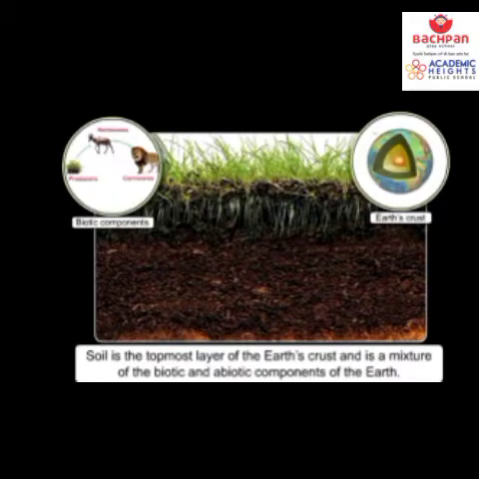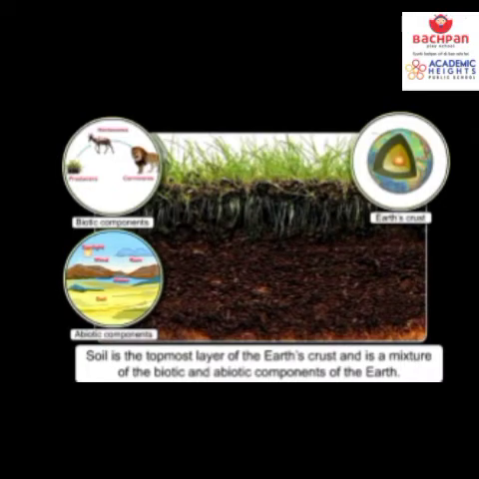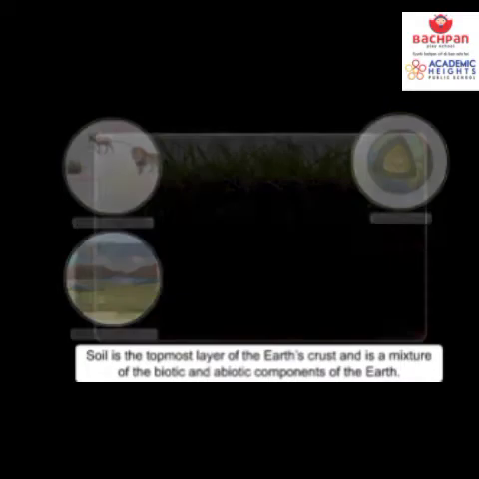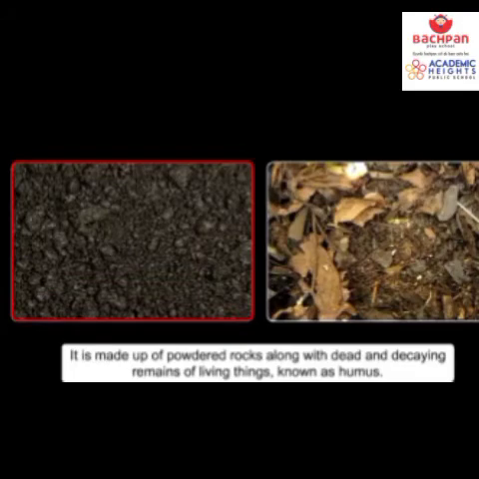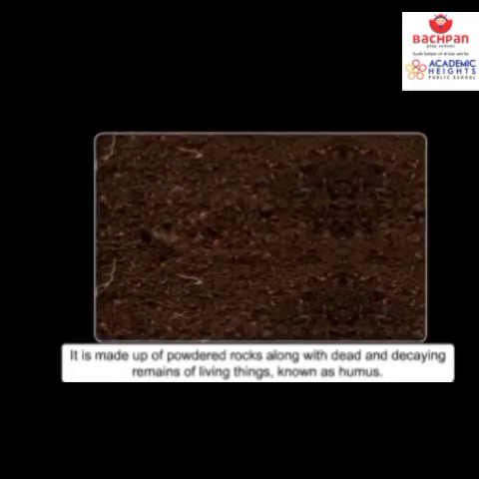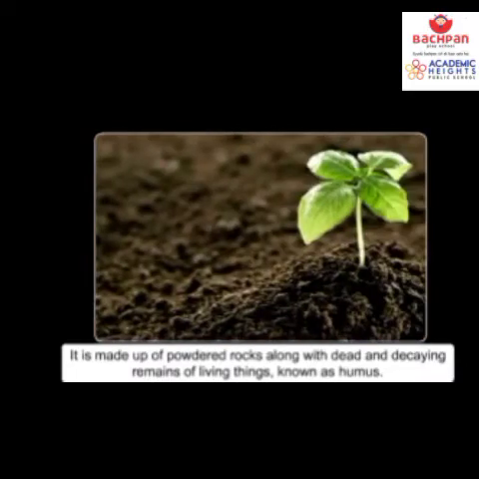So soil is the topmost layer of the earth's crust and a mixture of biotic and abiotic components. It is made up of powdered rocks along with dead and decaying remains of living beings, and this is called humus. बच्चे जिसको हम लोग खाद भी बोलते हैं. This makes our soil very fertile.